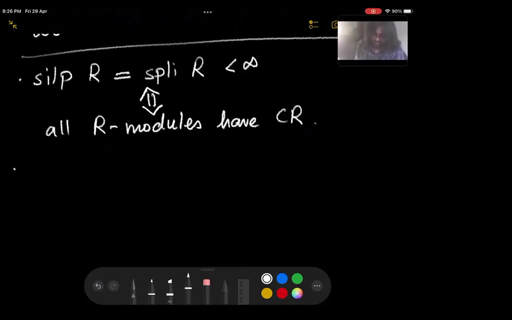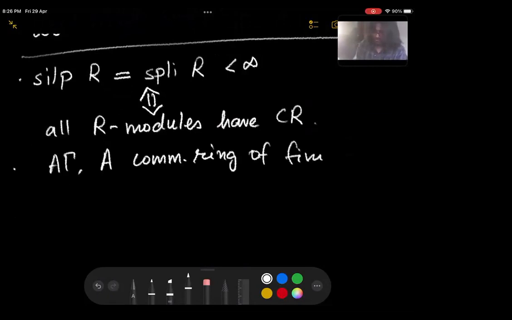So let's take A gamma again. So now A is a commutative ring of finite global dimension T, and gamma is a group.